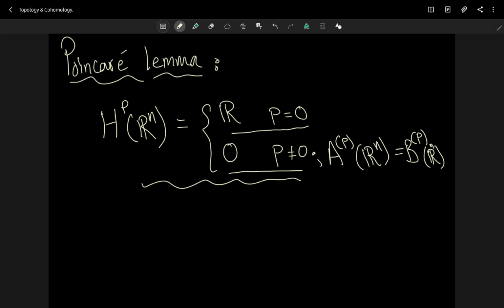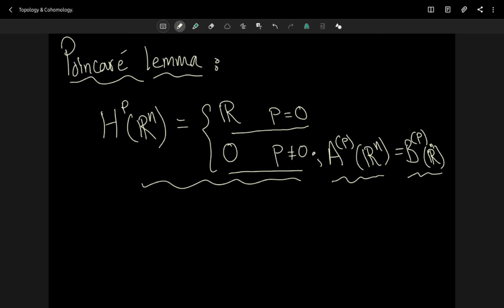So what this means is that all these closed forms are also exact. Well, you may ask me what is the importance of this result, and it is simply that it tells us that the difference between closed and exact forms is a global property of the manifold. So it depends on the manifold globally.